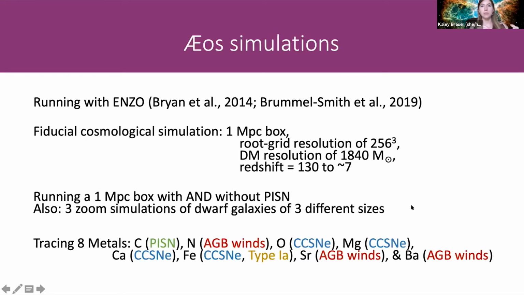We picked out 3 different dwarfs from the parent simulation and are currently running each of those at a much higher resolution to see both galaxy to galaxy scatter and at which mass levels and time scales this star by star formation seems to be most important. In the simulation, we trace 8 metals, shown here, and those are the detailed chemical abundances that we get in our individual stars.